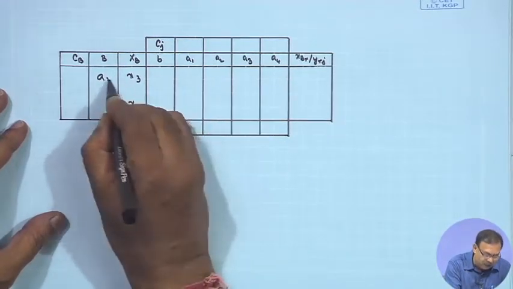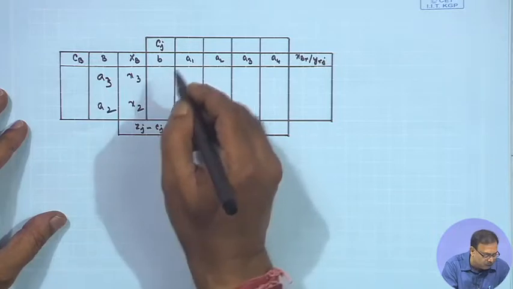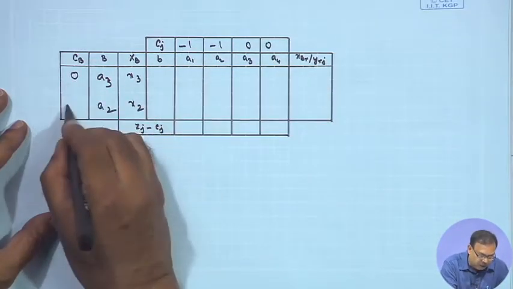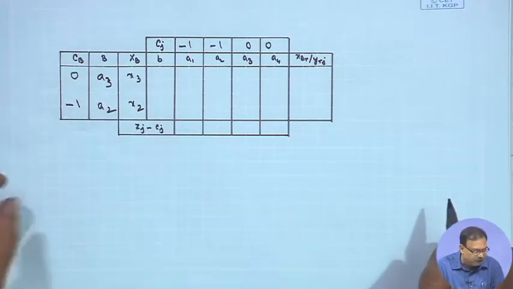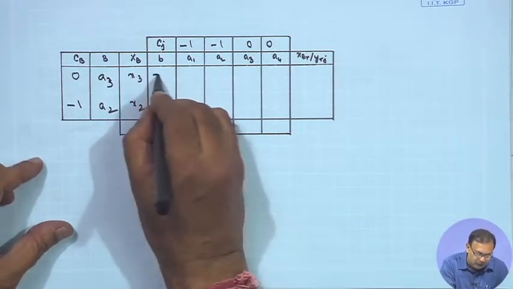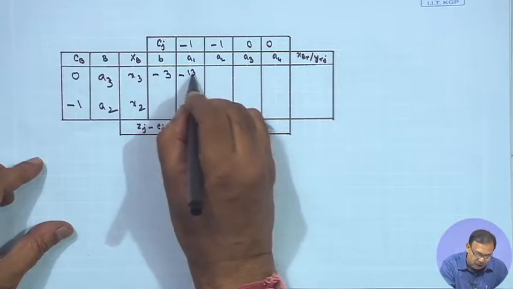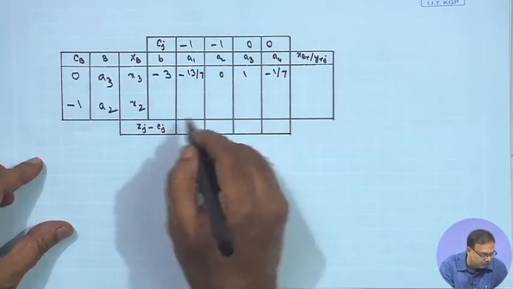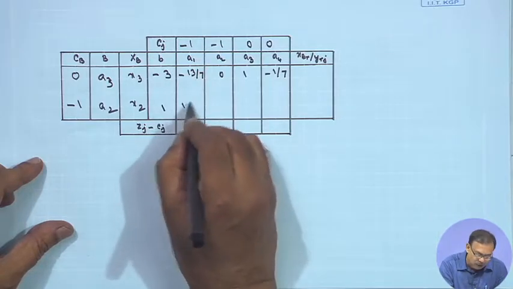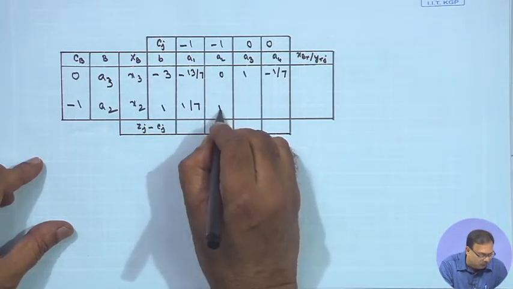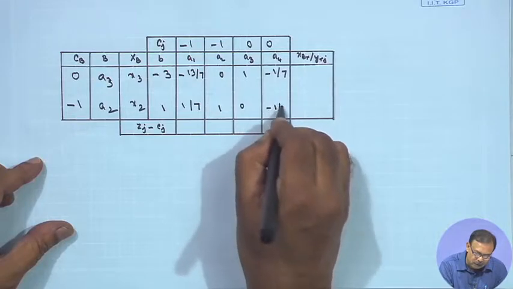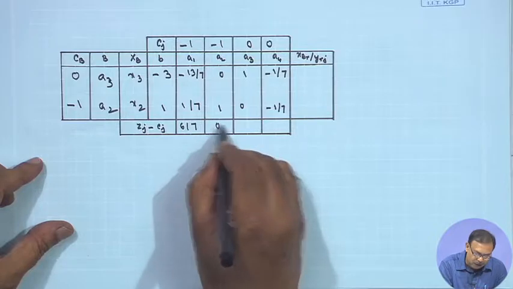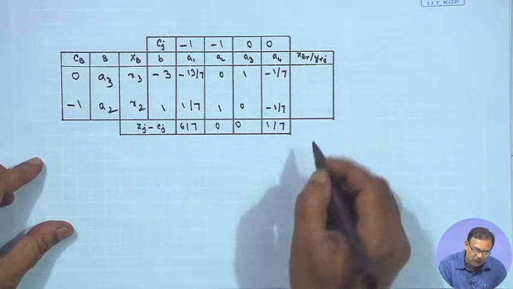So, you will have here a3 and a2, c_j minus 1 0 0, this will be 0 and minus 1. As I was saying, I am directly writing here minus 13 by 7, 0, 1, minus 1 by 7, 1, 1 by 7, 1, 0, minus 1 by 7. Your z_j minus c_j is 6 by 7, 0, 0, and this will be 1 by 7.